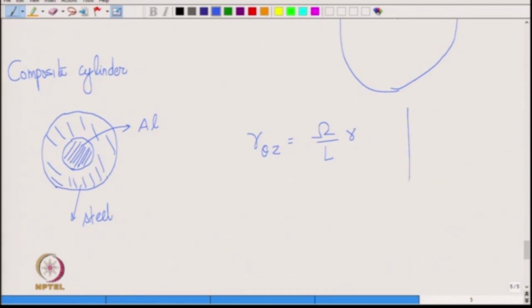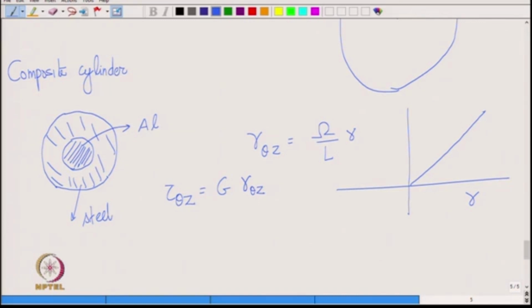So, if I draw gamma theta z versus r, it will simply be a straight line. But what about tau theta z? Tau theta z, we know it is G times gamma theta z. So, in the steel portion, we will have to take the shear modulus of steel, and in the aluminum we will have to take the shear modulus of aluminum.